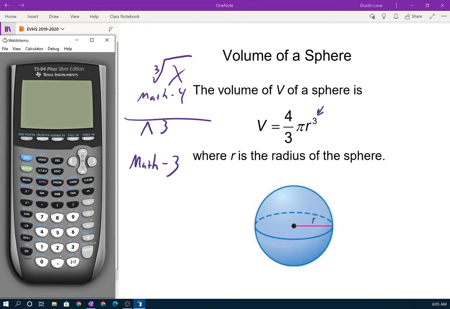You put the index first, so I would put 3, math, option 5. Sorry, I can't do this today. 3 math, option 5, and it converted it to cubed root for me. So if I want to do different order roots, I could do that.